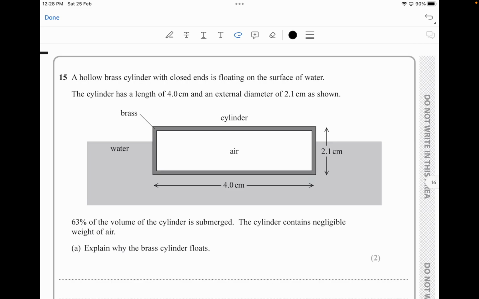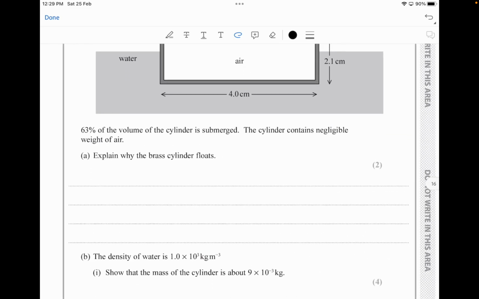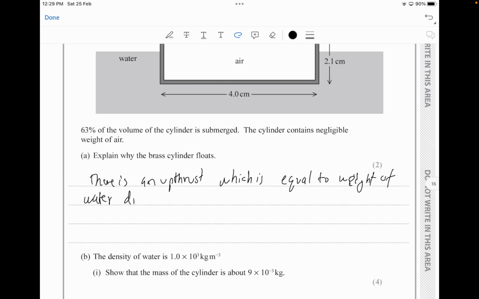Now it floats because, for 2 marks, there's an upthrust, which is equal to the weight of fluid, or the weight of water in this case, which is going to be displaced.